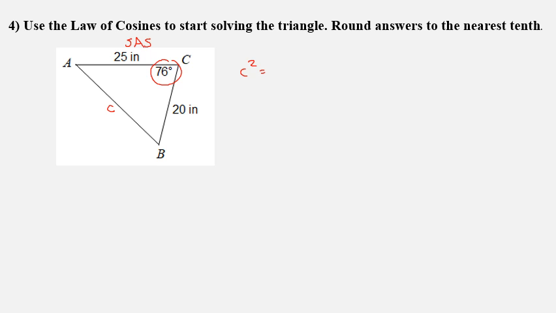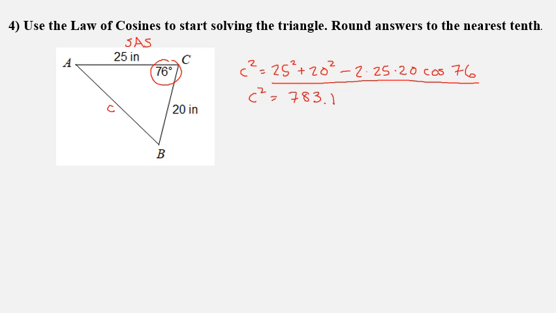Okay, so I'm going to do c squared equals little b squared plus little a squared, right? Just like Pythagorean theorem at first, minus 2 times those same sides times the cosine of the angle in between it.